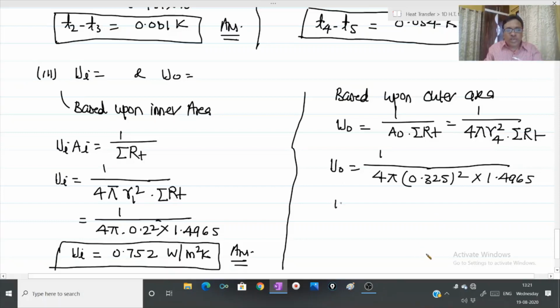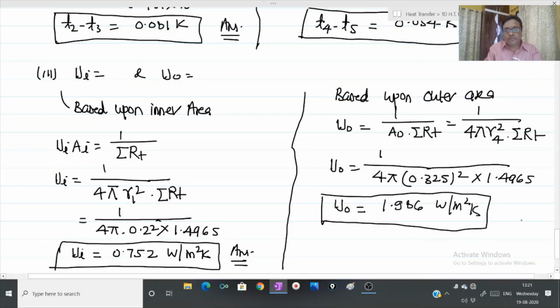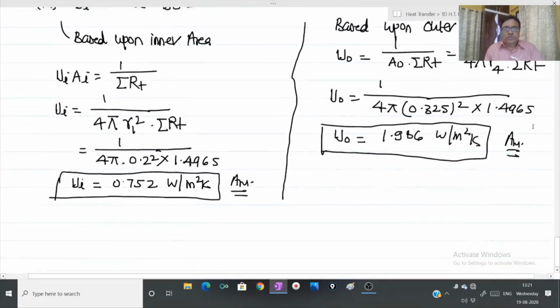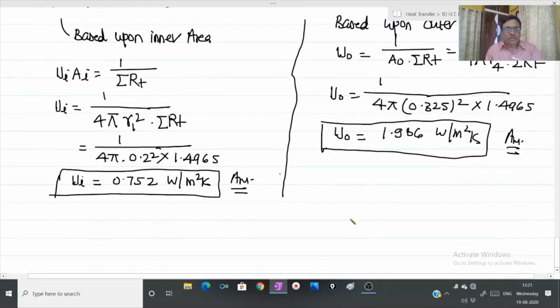So from here, the value of overall heat transfer coefficient comes out 1.986 watt per meter square Kelvin. So with this, we could solve this problem.